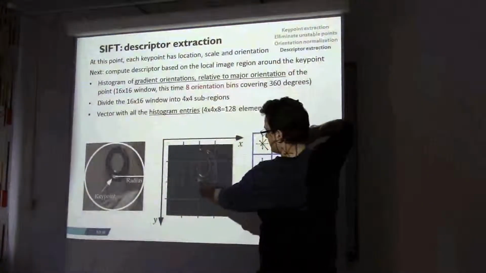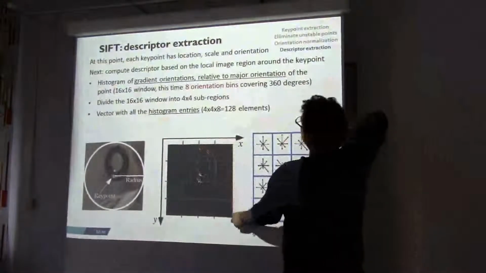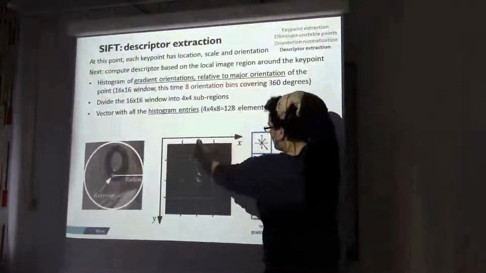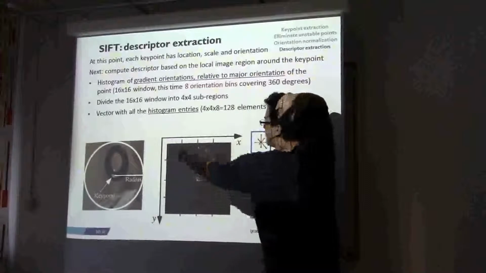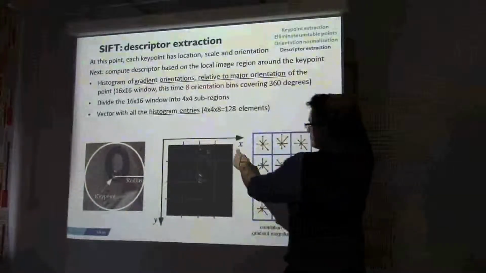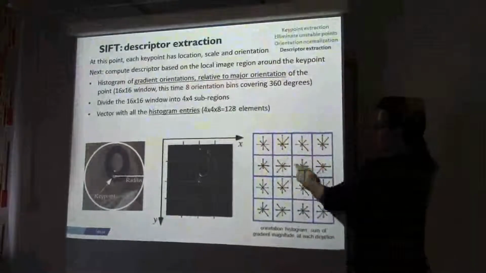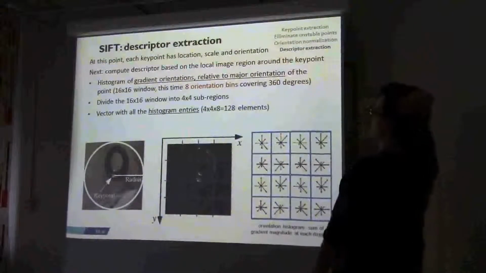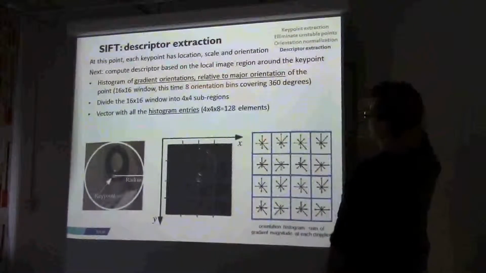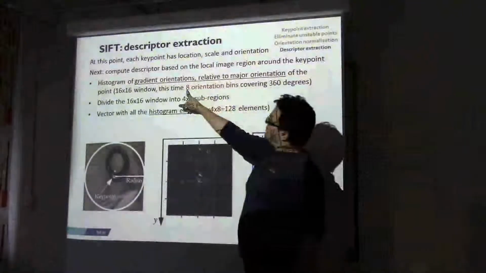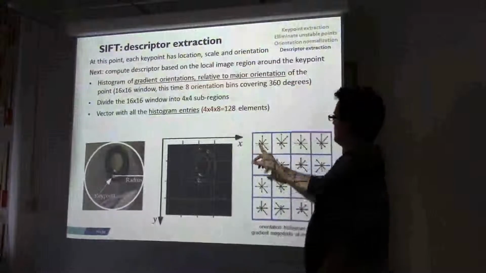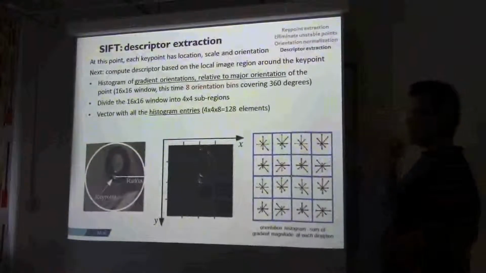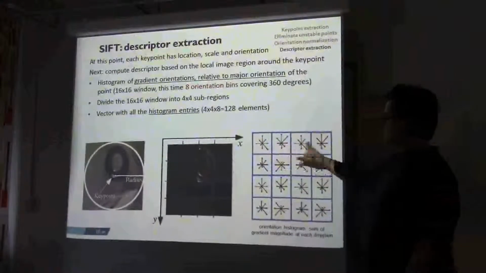This is the point that we have detected. We look into a neighborhood of 16 times 16, yeah. And then you divide in different boxes, 4 by 4. And for each box here, we compute the histogram of orientations. And this time, the histogram is quantized into 8 orientation bins only. So in each window you get 8 values corresponding to the 8 orientations. And then we put all together into a vector.